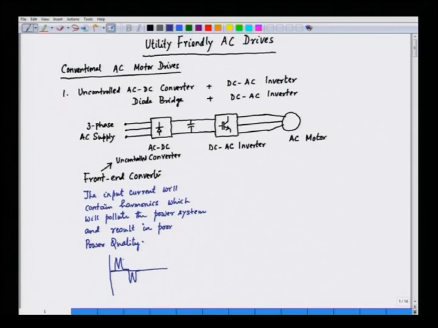This is the current, and the voltage will be sinusoidal. This is the voltage V, and we have the current. Now, the current contains harmonics, and hence this drive, although we are able to control it through the inverter, will have a detrimental effect on the power system. So, this is not a utility friendly drive.